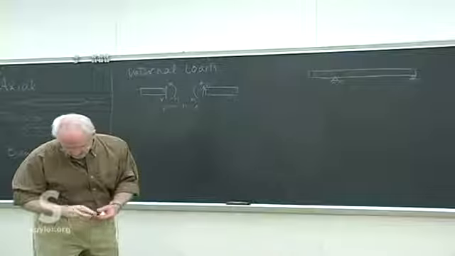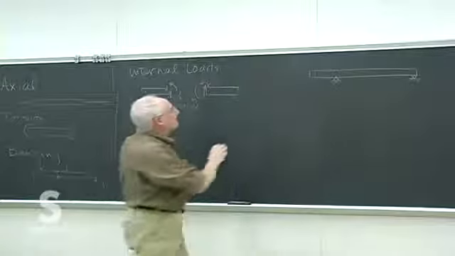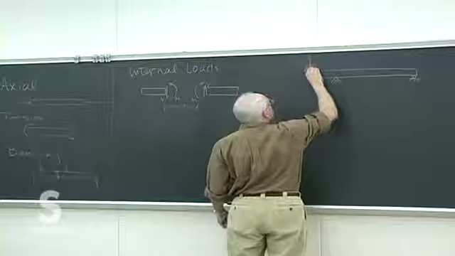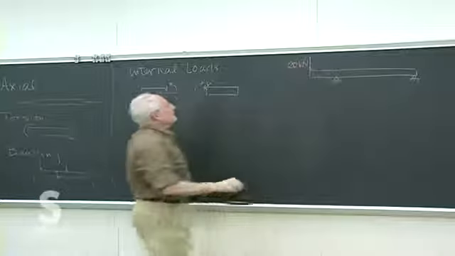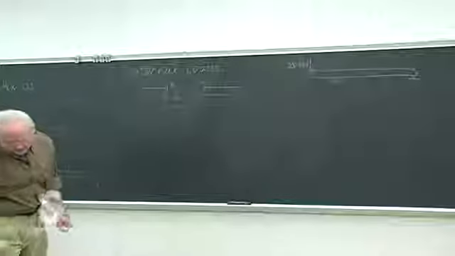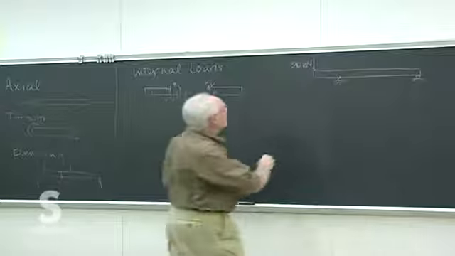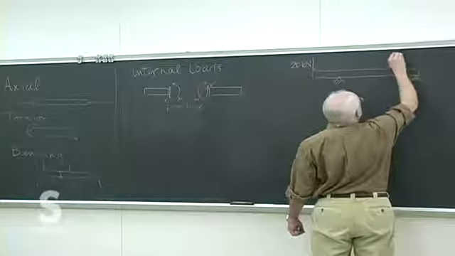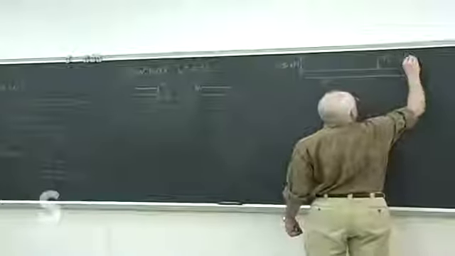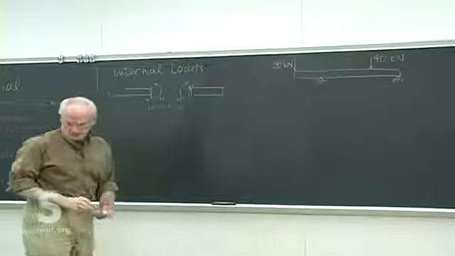And then the loading that we'll put with this is a 20 kilonewton load there, and then not quite in between, a little bit to one side between the two supports, a 40 kilonewton load there.